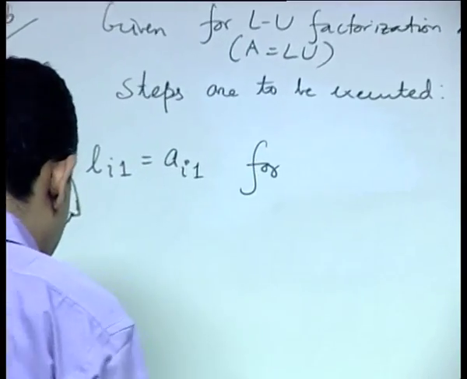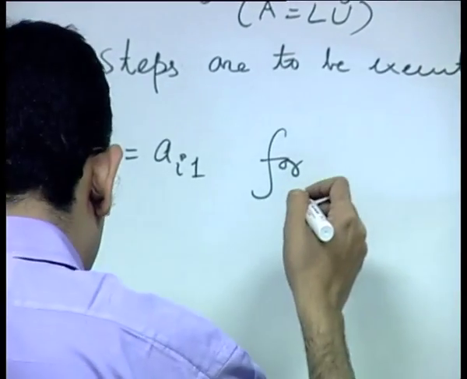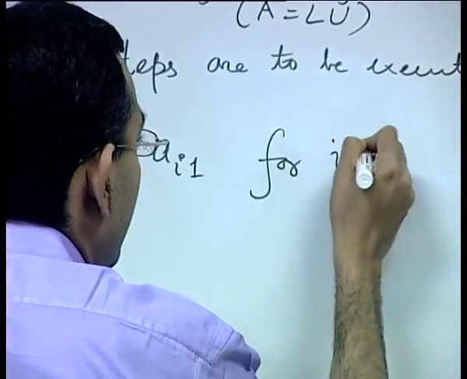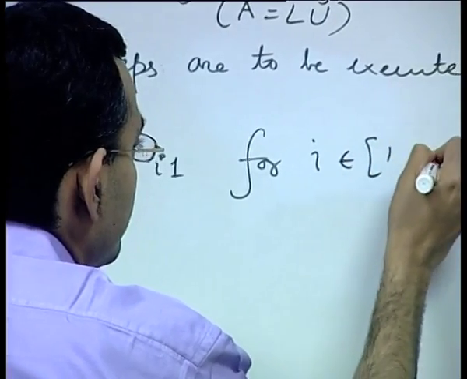First step is L_i1 is equal to A_i1 for i equal to 1 to n.